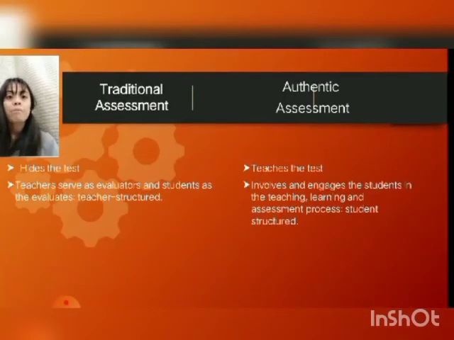Next slide. In traditional assessment, the teachers hide the test. For example, in periodical tests, the students do not know the questions or the possible answers of the assessment that the teachers made. While authentic assessment teaches the test. The teacher teaches strategies or ways to apply good presentation.